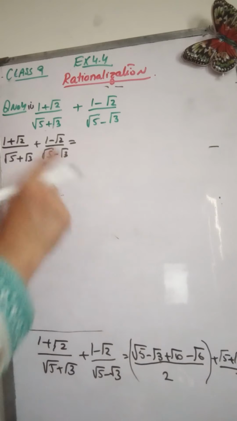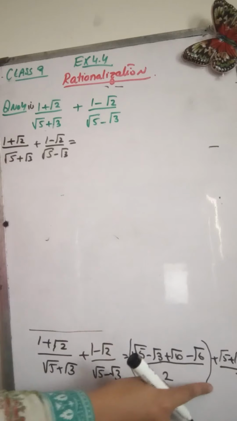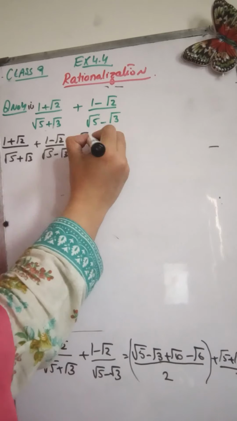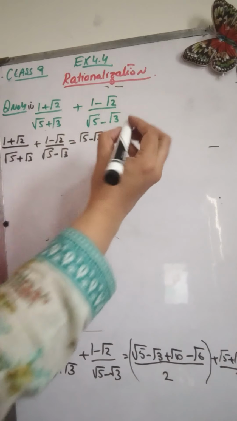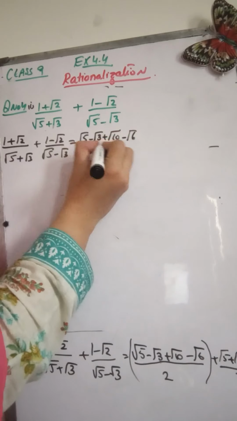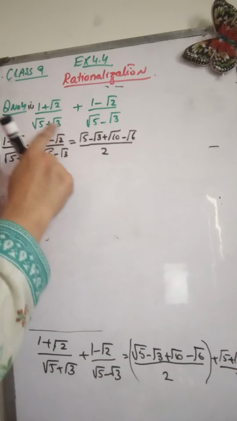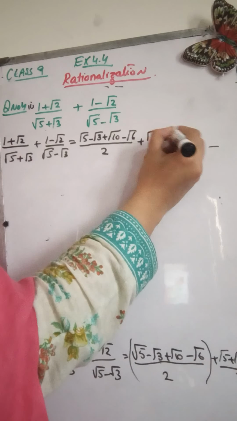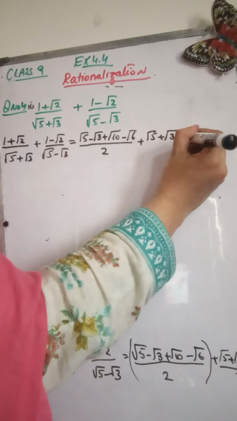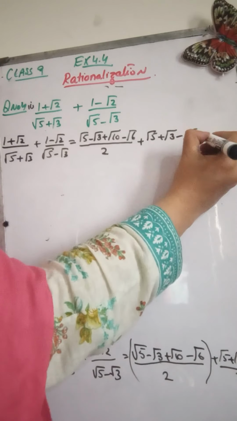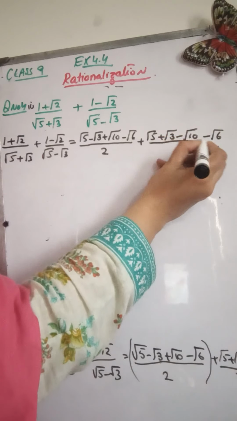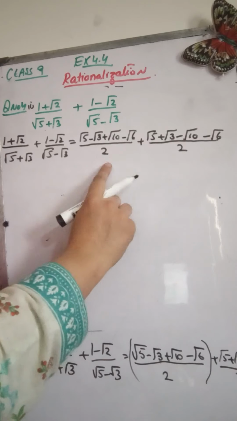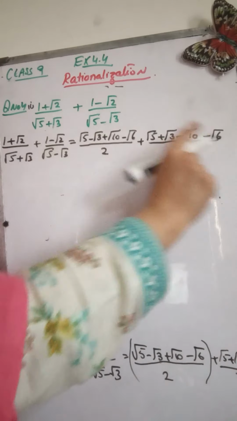I am going to write this step again. This rationalization of this fraction was this expression. So this will be equal to under root 5 minus under root 3 plus and rationalization of the second fraction was this expression plus over 2. As both these have the same denominator, so we can write this whole thing under a single denominator.